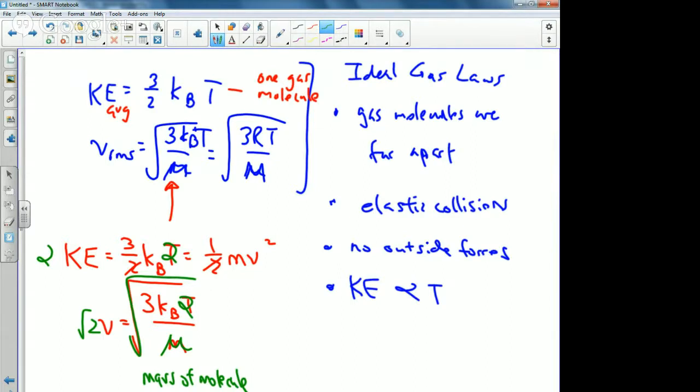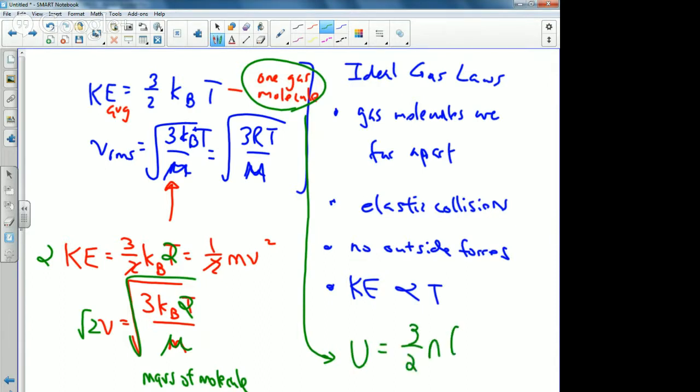Now, the one important formula that's not on your reference table, but you need to know. This talks about one gas molecule. But if you're talking about the entire gas inside the system, rather than kinetic energy equals 3/2 kBT, we have a derived formula: U is equal to 3/2 nRT.